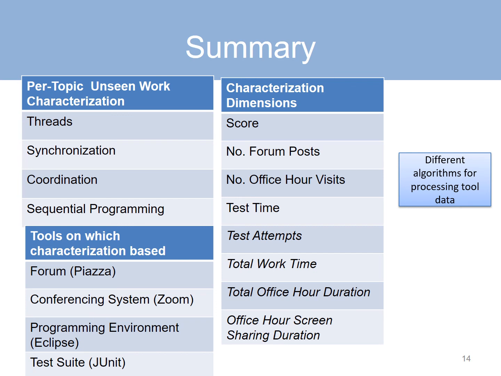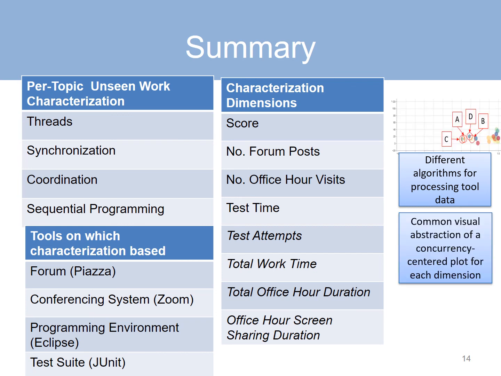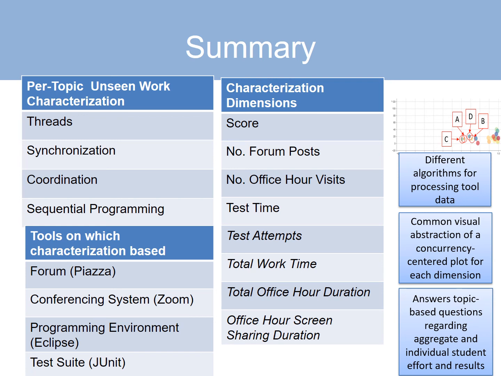Different algorithms are used to process the tool data, but they all use a common visualization to present the information to the observers. And we've seen that we can answer a variety of questions based on these data regarding the topics on which students worked, the aggregate performance of the students, and the individual student effort and results.